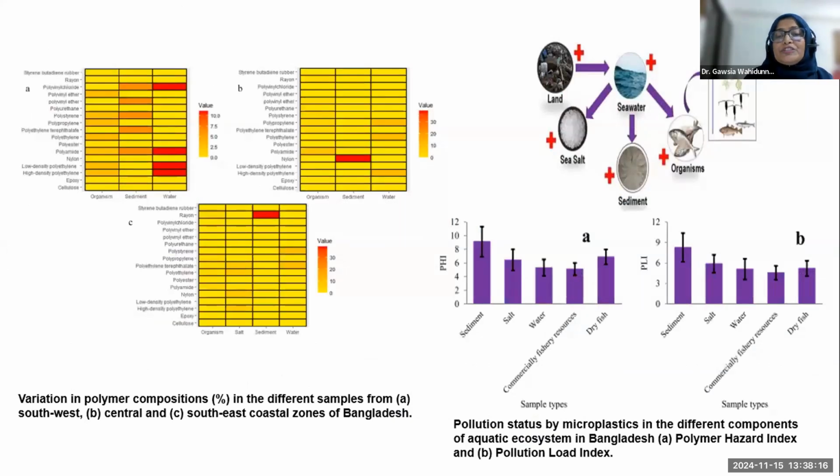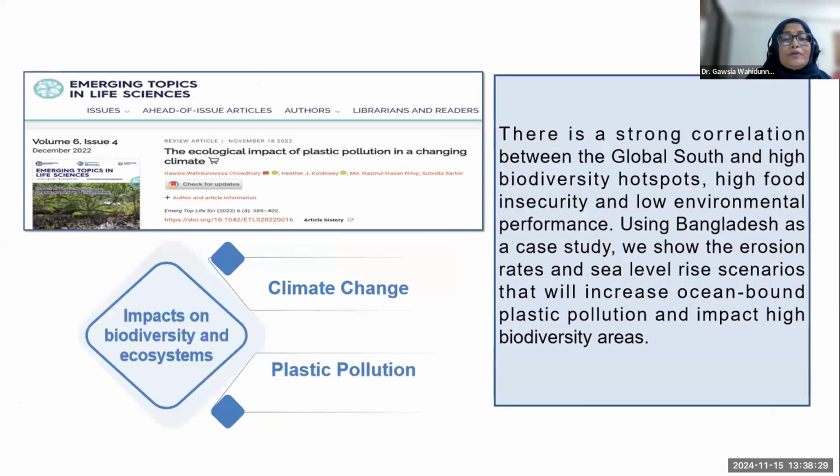Variation of polymer composition, and we used the pollution hazard index and the pollution load index to measure the intensity of plastic as a threat. And we compared the data to understand the connection between plastic pollution and climate change, and how together they could be an alarming threat for biodiversity and ecosystem.